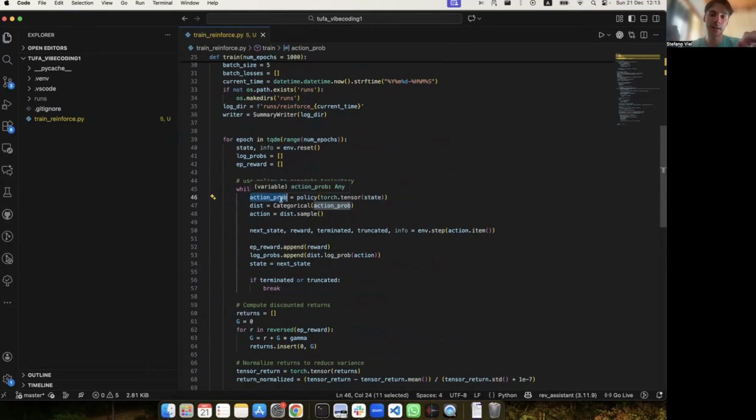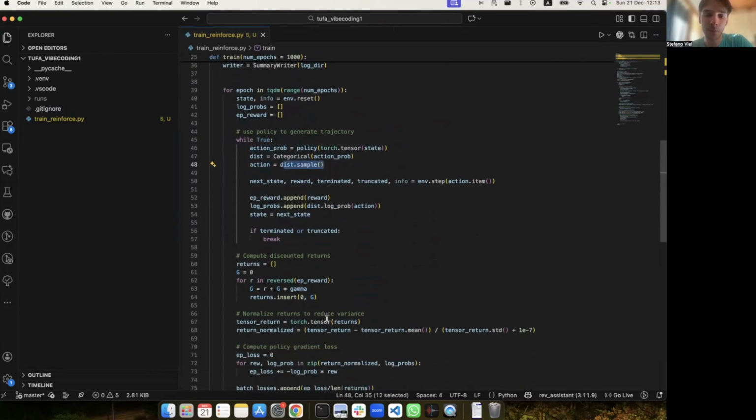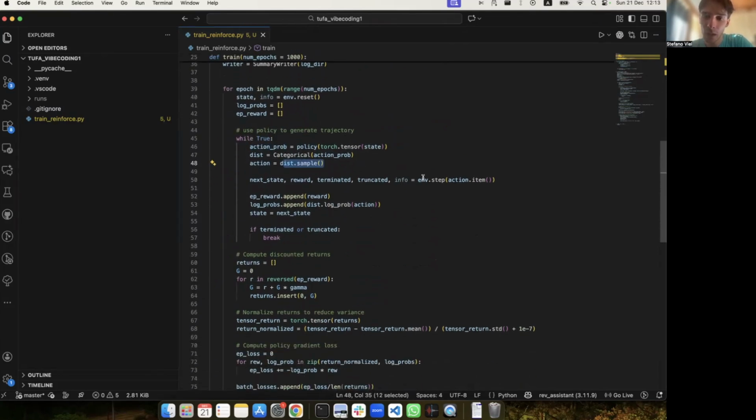In this case, there are just two actions, either left or right, to balance the pole on the cart. So we use this categorical and then take a sample from the distribution. We perform the action in the environment. We get a next state and a reward. So we can collect the next state and the reward. The new state in which we're in is the next state, and we keep going until we terminate.